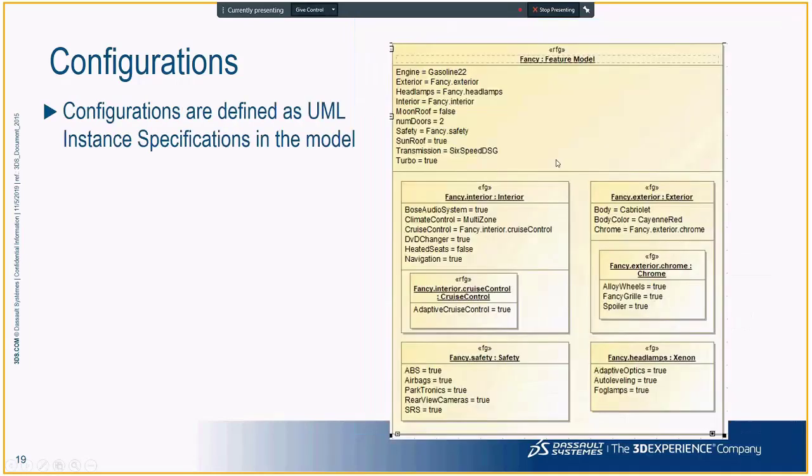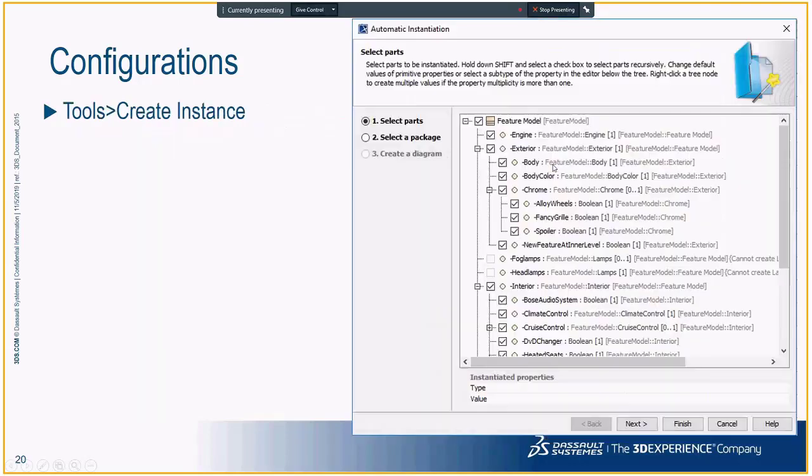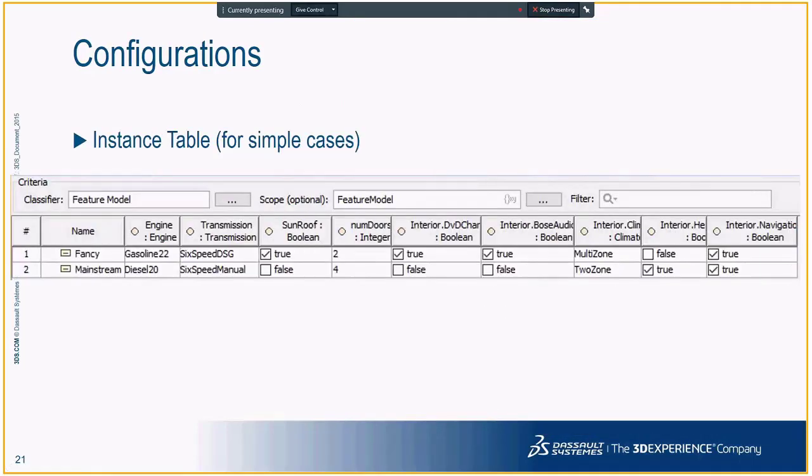And then a diagram like this would only be a result of the wizard, or the visualization after you fill in the wizard. You can also use an instance table to create these instances. These are very convenient for a simple feature model, where you don't have deeply nested feature models, but let's say you have only 10 or 15 or maybe 20 of these features, and you keep them in a single root feature group.